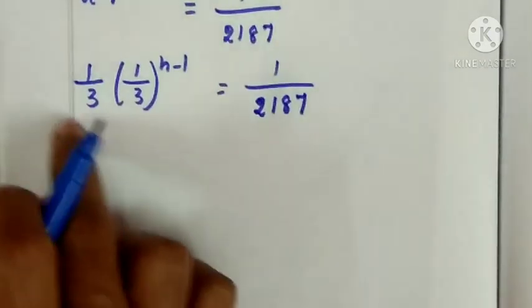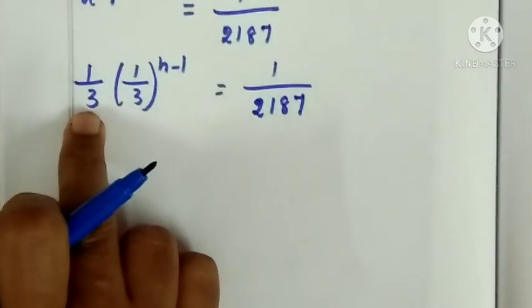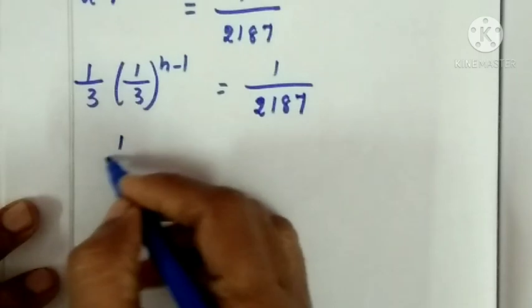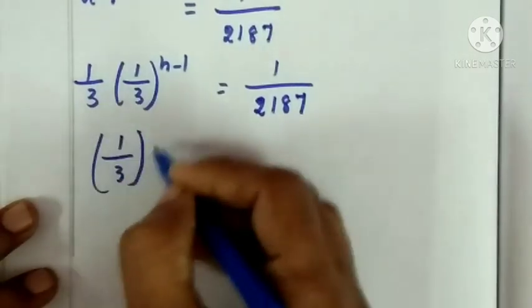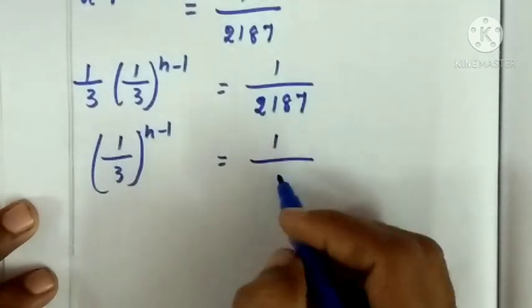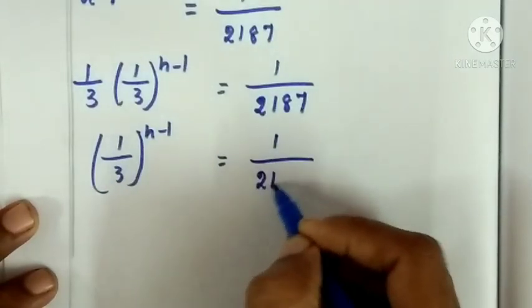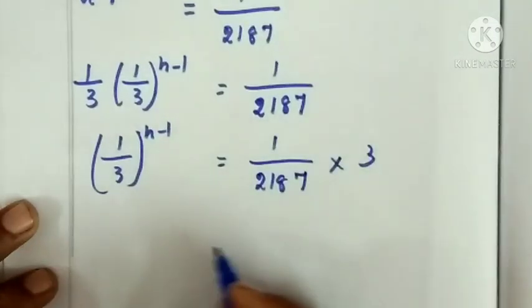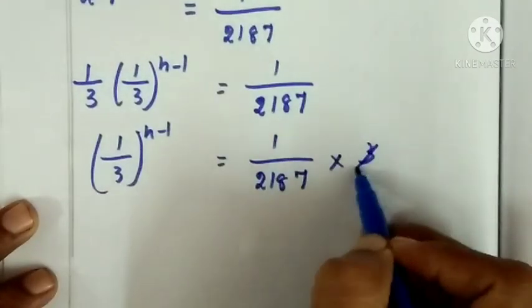In the next step, you have to transpose this 1 by 3 after the equal, which means it becomes divide, that is 1 by 3 the whole power n minus 1 is equal to 1 by 2187 into 3.